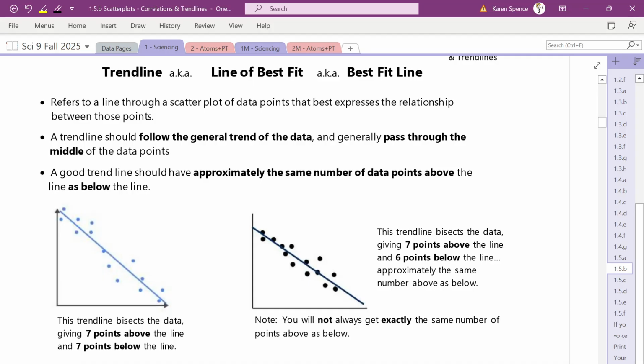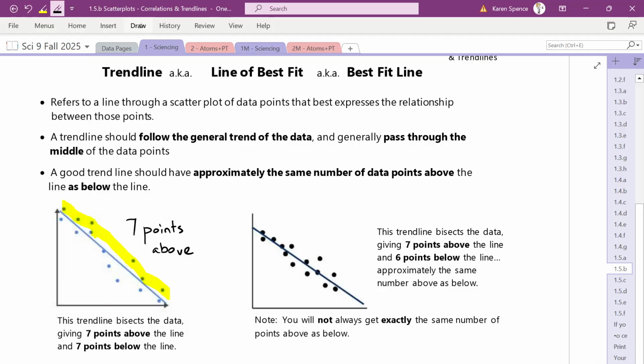Now, other than drawing the blobby shape, what are some good ways to draw a trend line? You should have about the same number of points. So on the top, we got 1, 2, 3, 4, 5, 6, 7 points above the line.